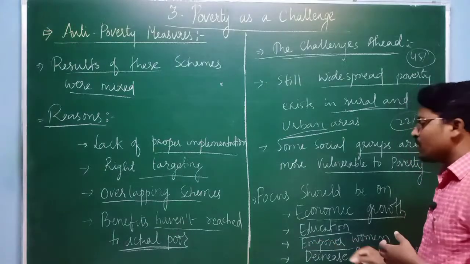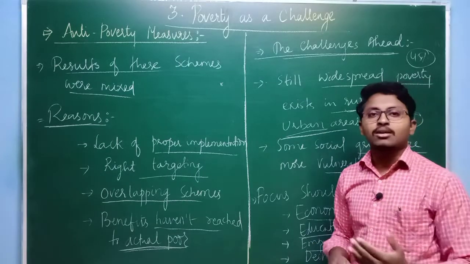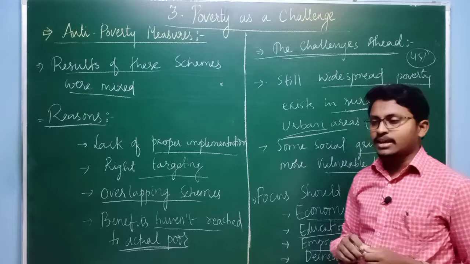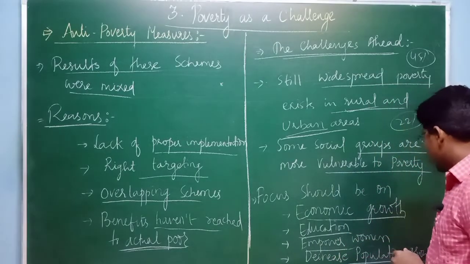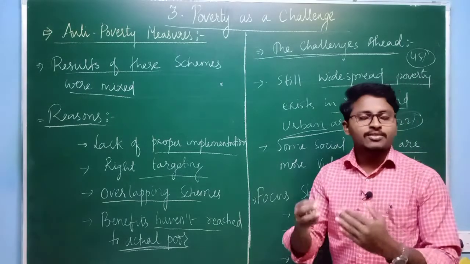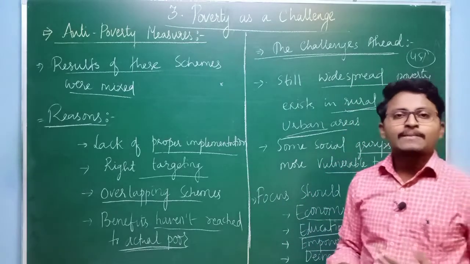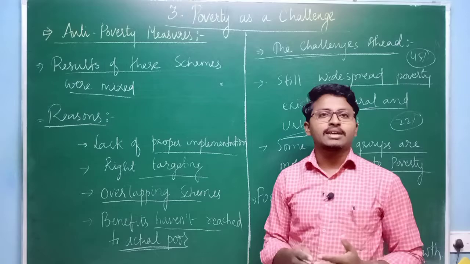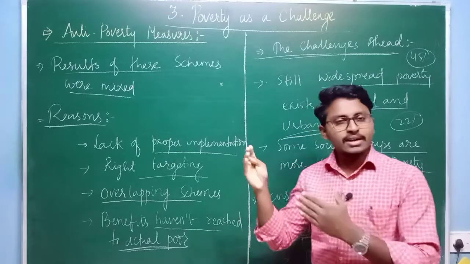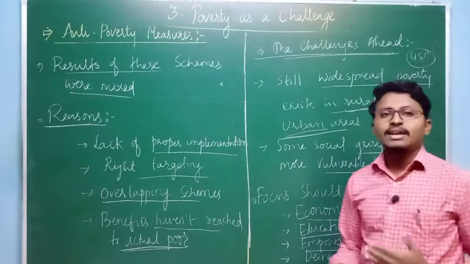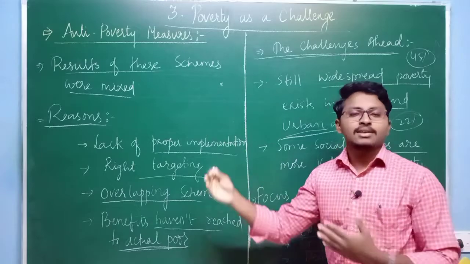Then empowering women, that means women empowerment can also help in reducing poverty. And finally, a decrease in population growth. If the population is very high, it would be very difficult to reduce poverty. But if we focus on reducing population growth, then we may be able to reduce poverty.